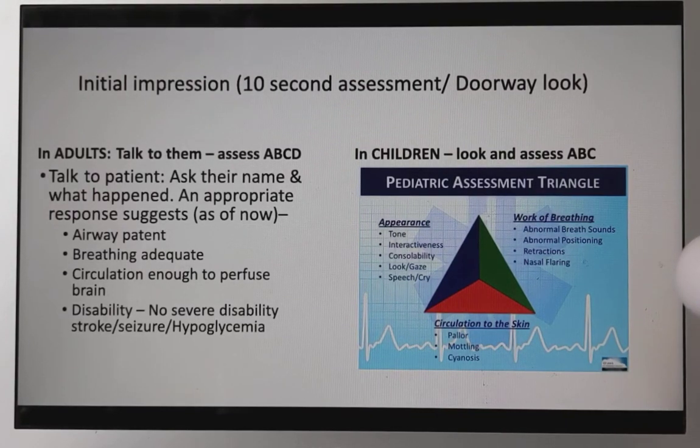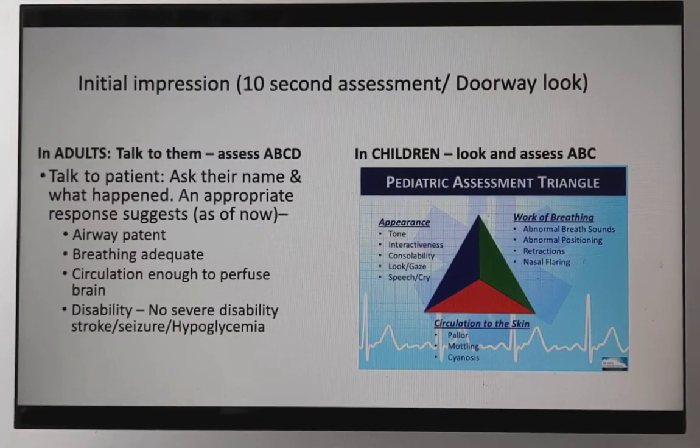You would see retractions when they are drawing in air, or the breathing would be very fast, noisy and fast, or it appears that they are drawing in air with great effort. So these are the breathing aspects.